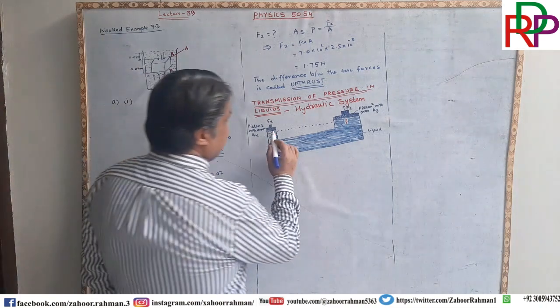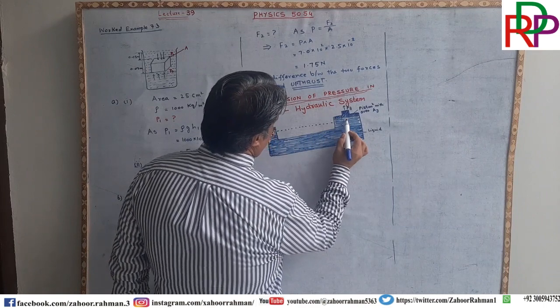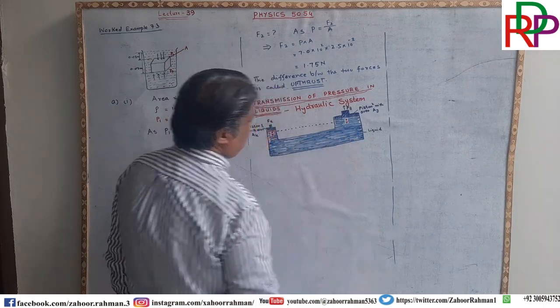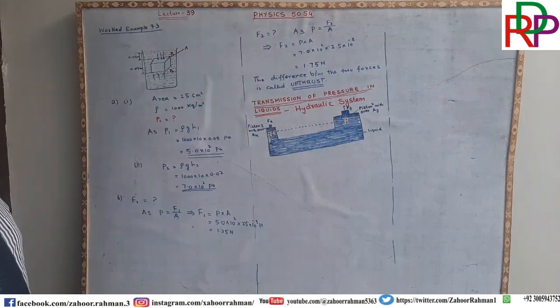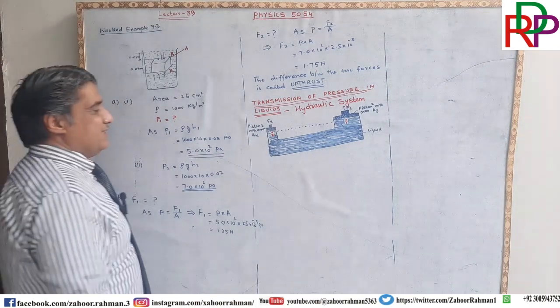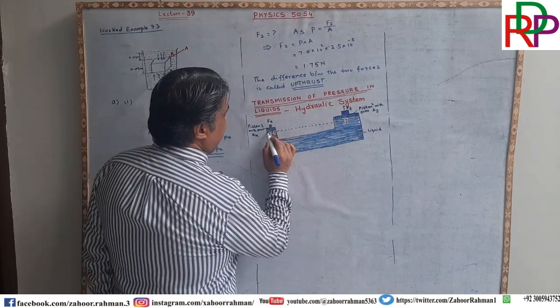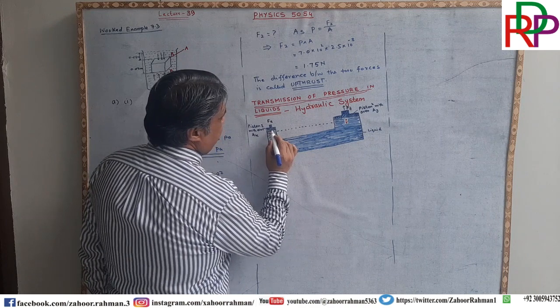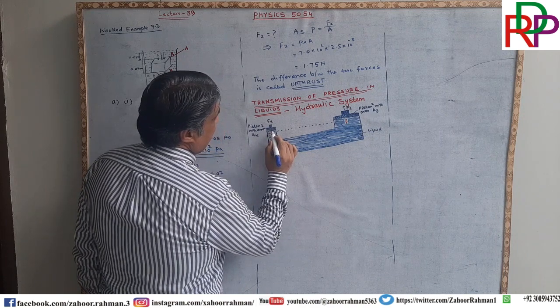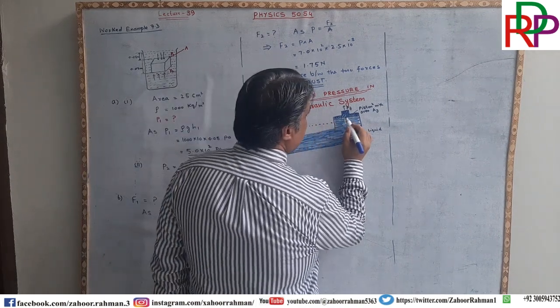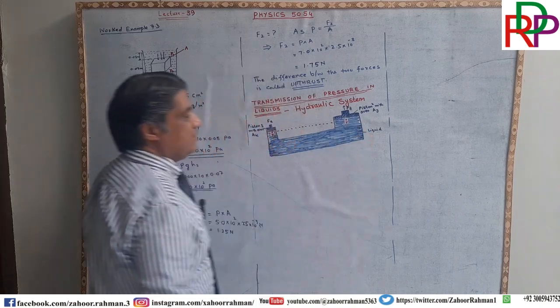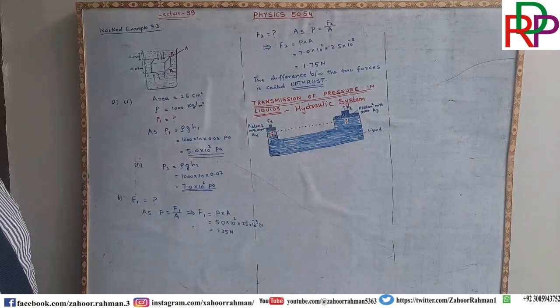So we are taking this point and this point at the same level. And you must also remember that pressure at this particular point will be lesser than the pressure in this particular point, which is Y.